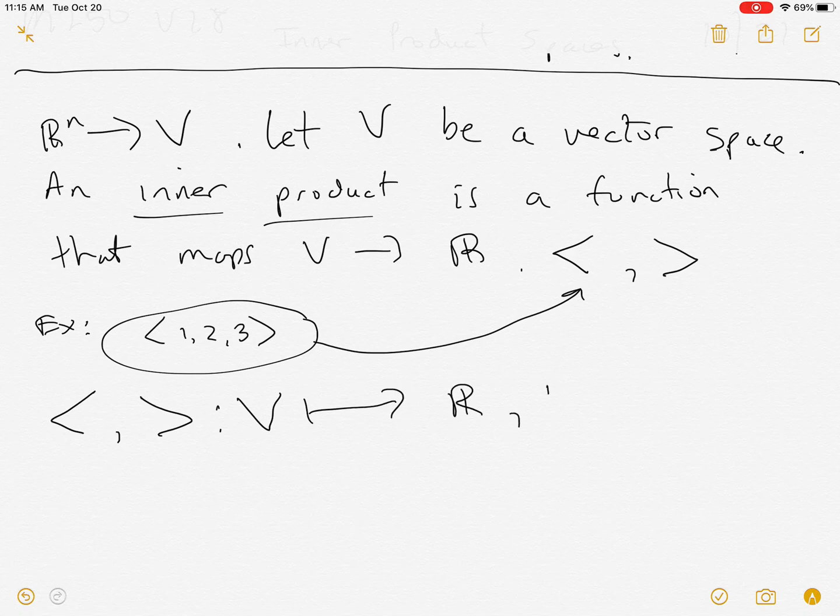And this thing has 4 axioms that must hold true for this to be an inner product.